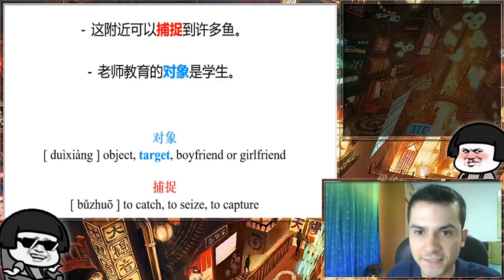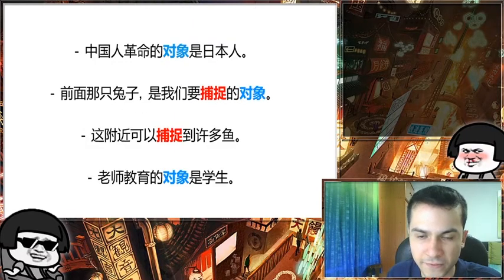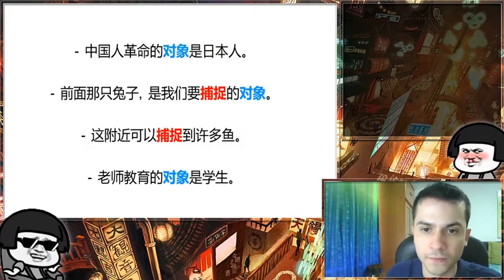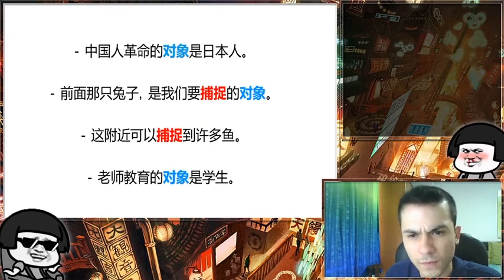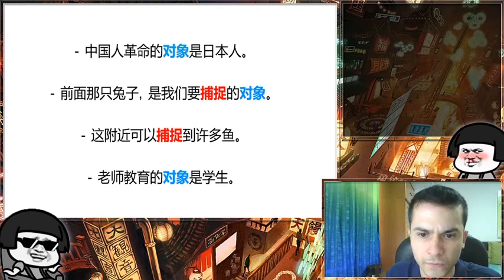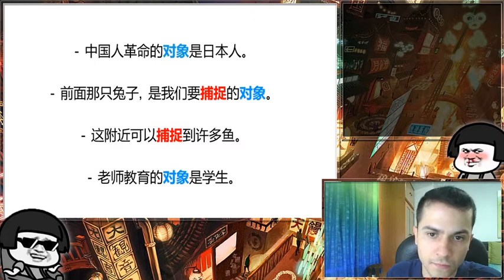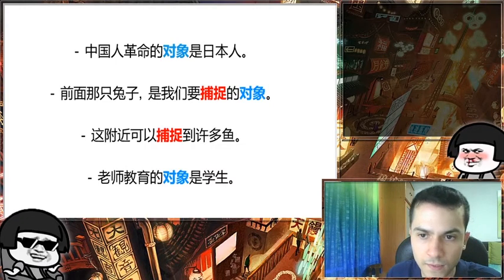Alright, so now let's take a look at the following sentences. First one, 中国人革命的对象是日本人 Okay, so the target or the object, the one receiving the action of the revolution of the Chinese is the Japanese.